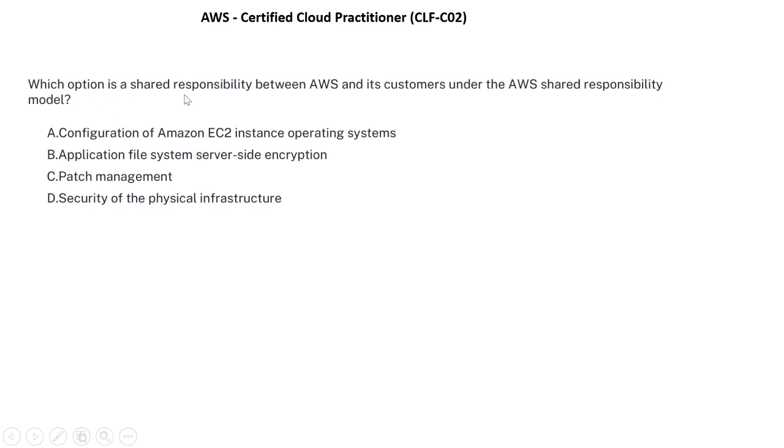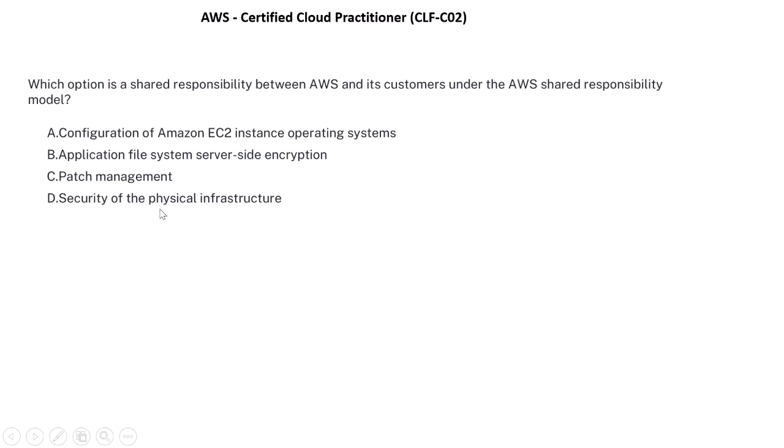Next question. Which option is a shared responsibility between AWS and its customers under the AWS shared responsibility model? The options are option A, configuration of Amazon EC2 instance operating systems. Option B, application file system server-side encryption. Option C, patch management.